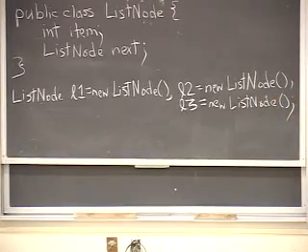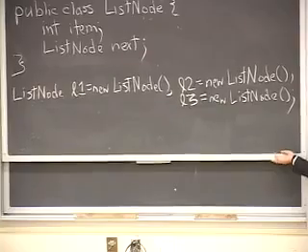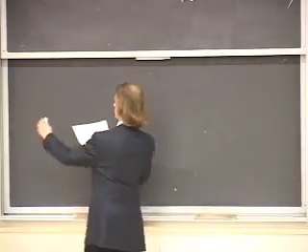Okay, there's a declaration that declares 3 new variables and assigns them all new list nodes. And since I'm calling the constructor 3 times, I get 3 different list nodes.